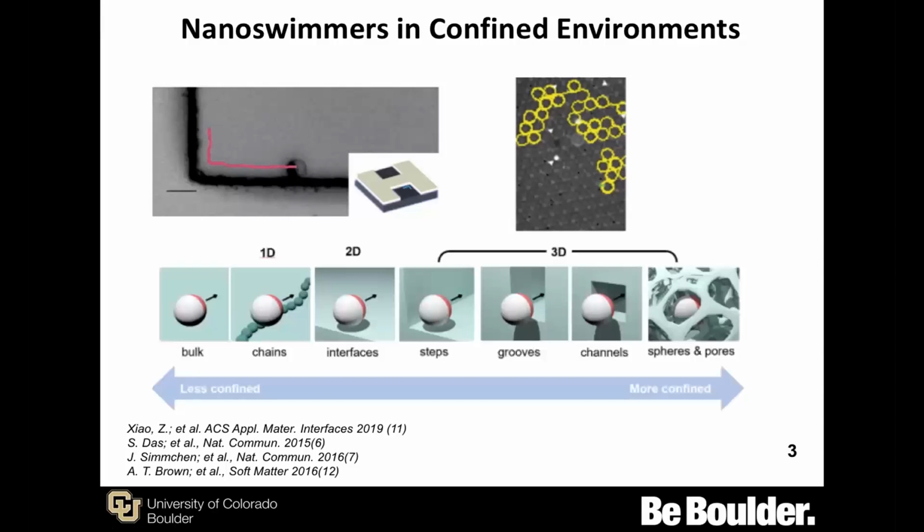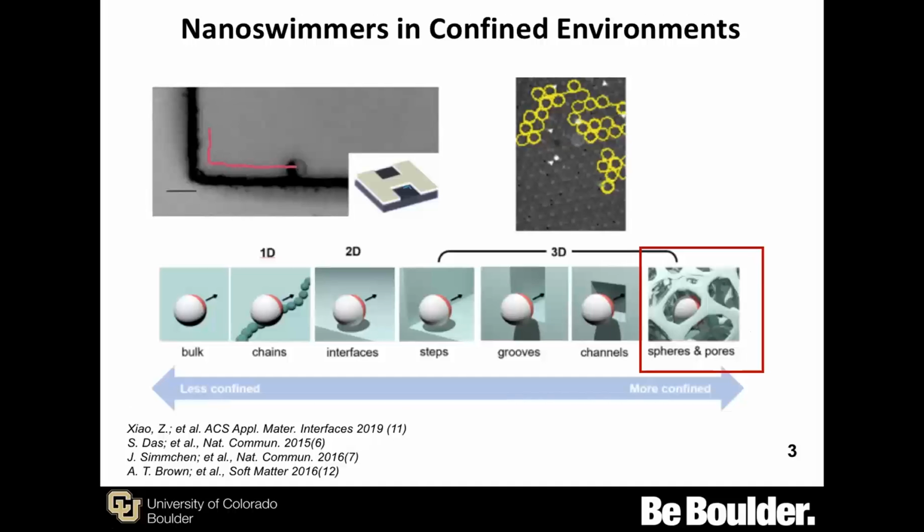And also, if you look at this kind of confinement, we can think confinement has all levels, from less confined situations to more confined situations. All this is simple confinement. But in real-world applications, it could have much more complex confinement, like in the spheres and the pores.